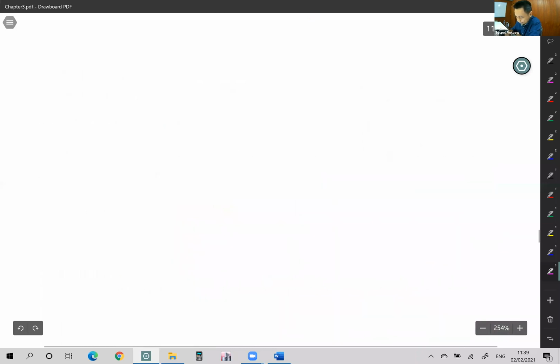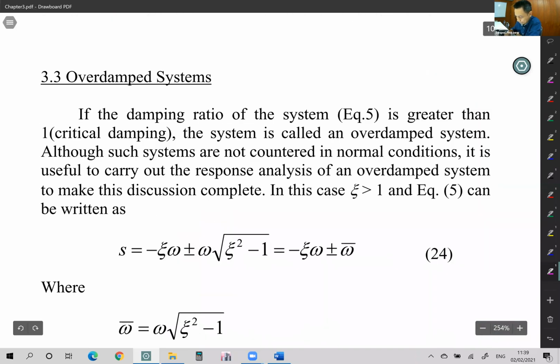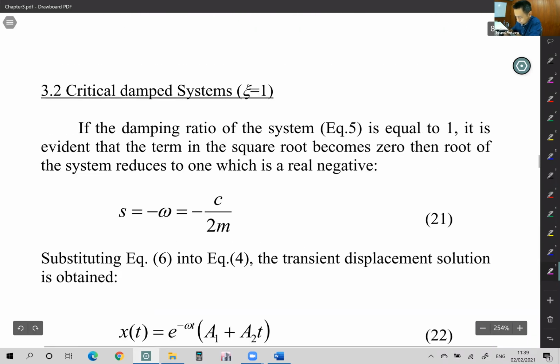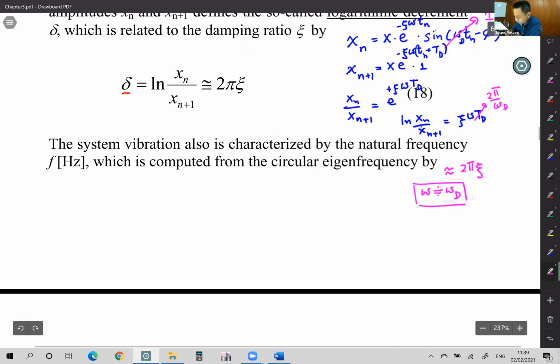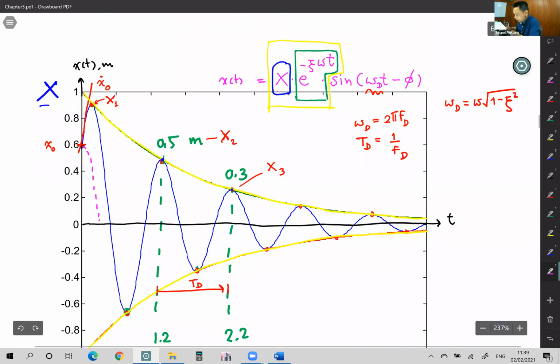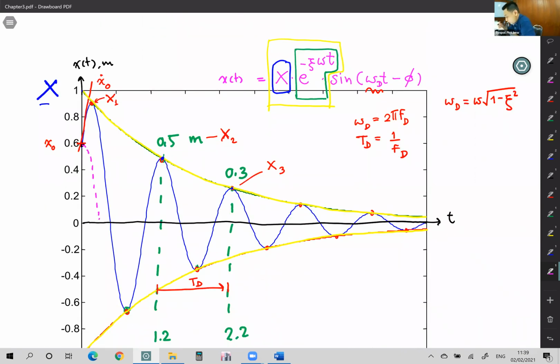Let me go back again. You see, omega d is defined as omega d equal to omega times the square root of 1 minus psi squared. Let me compute for you if psi is equal to 10%, the maximum damping.